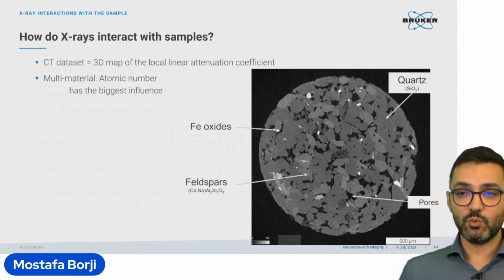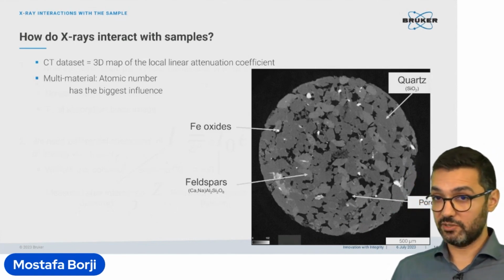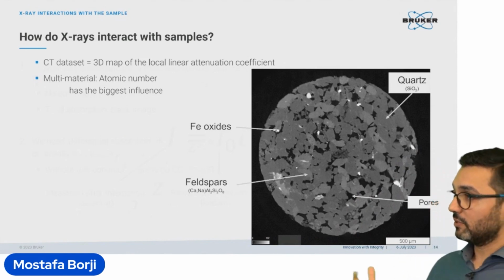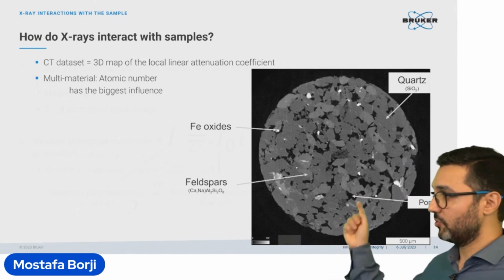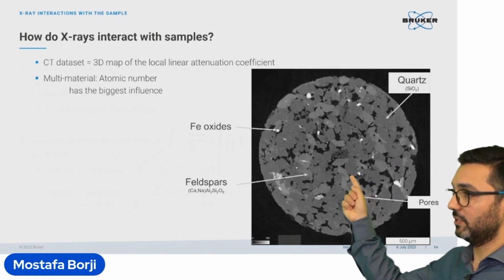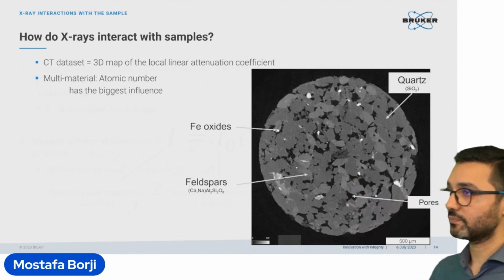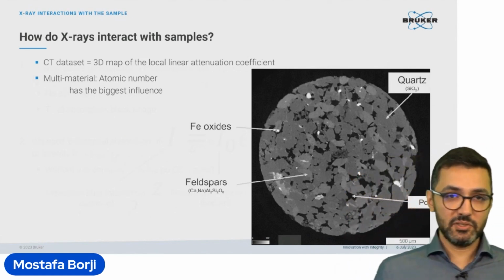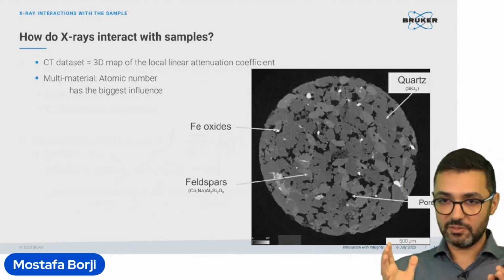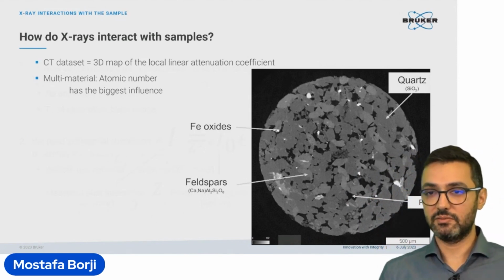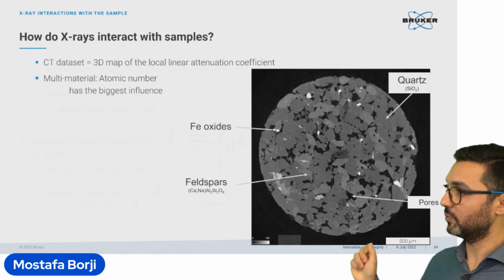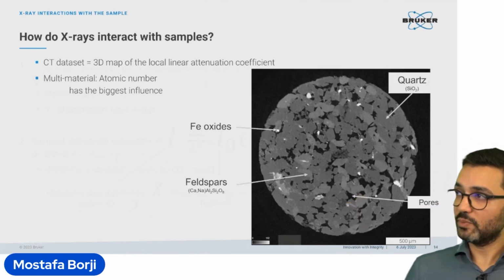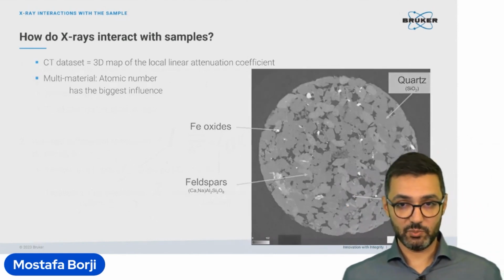It has the lowest X-ray absorption, and it appears as black. So the brighter the material becomes, the higher the density of that material will be. In a multi-material system, when we have different materials or different compositions, the atomic number has the biggest influence.